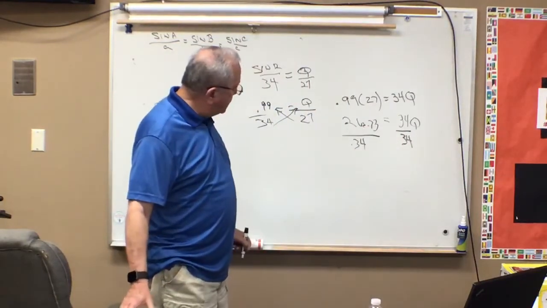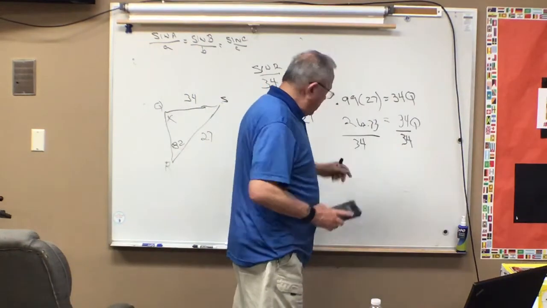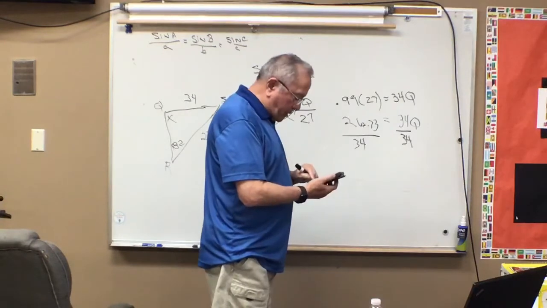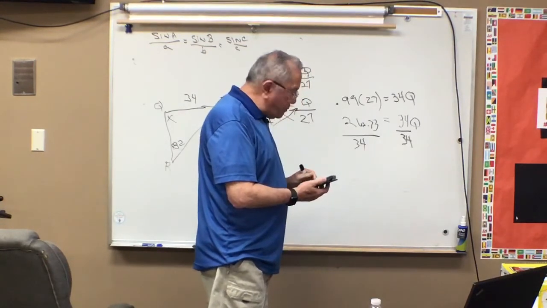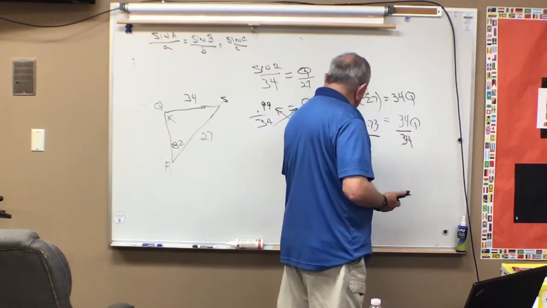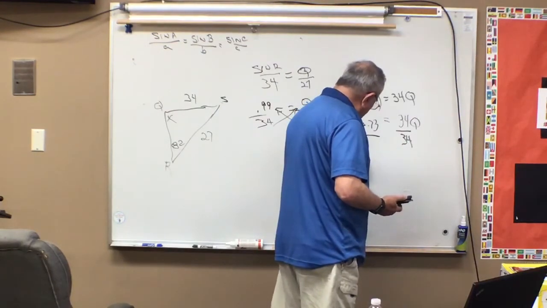Now I take 26.73 and divide it by 34, and it equals 0.78. So this equals 0.78.